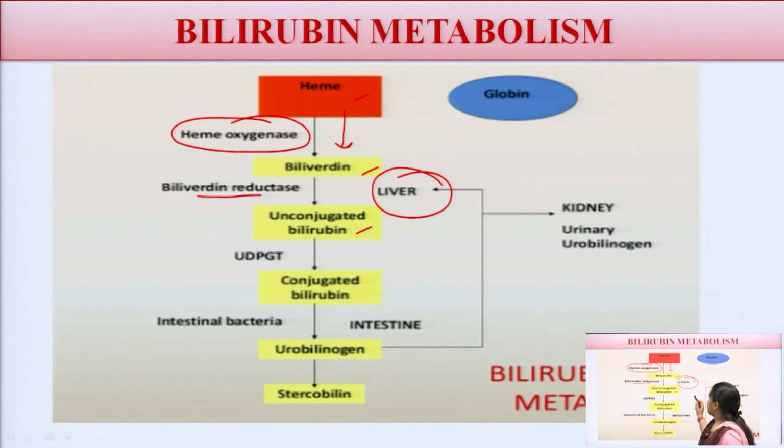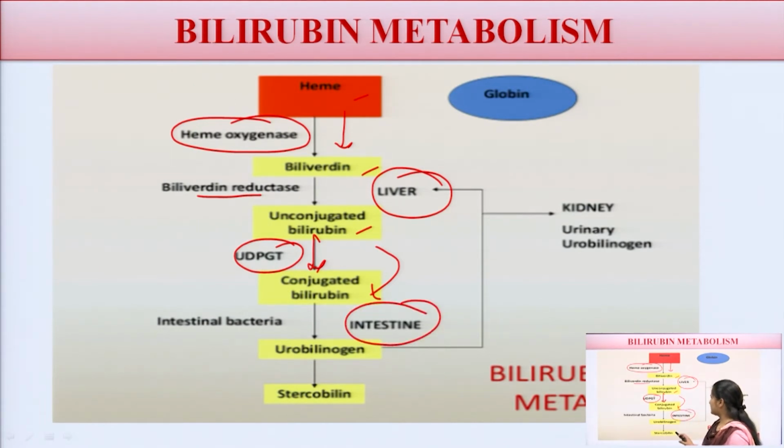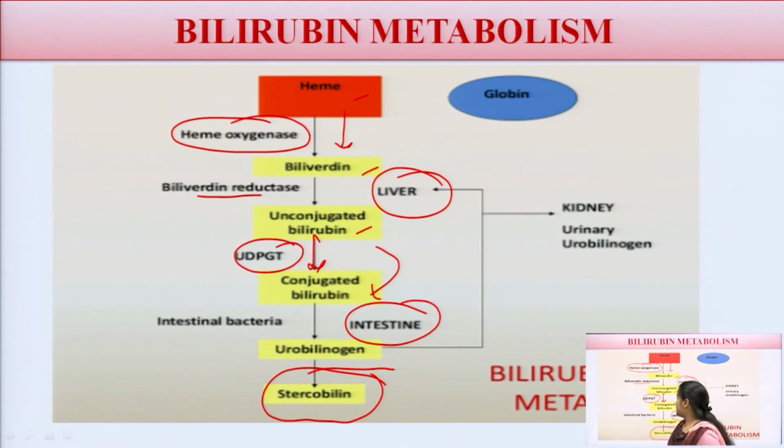Now, this unconjugated bilirubin, with the help of UDPGT, forms the conjugated bilirubin, and this occurs in the intestine part, where urobilinogen forms stercobilin with the help of intestinal bacteria. So, this is the bilirubin mechanism.